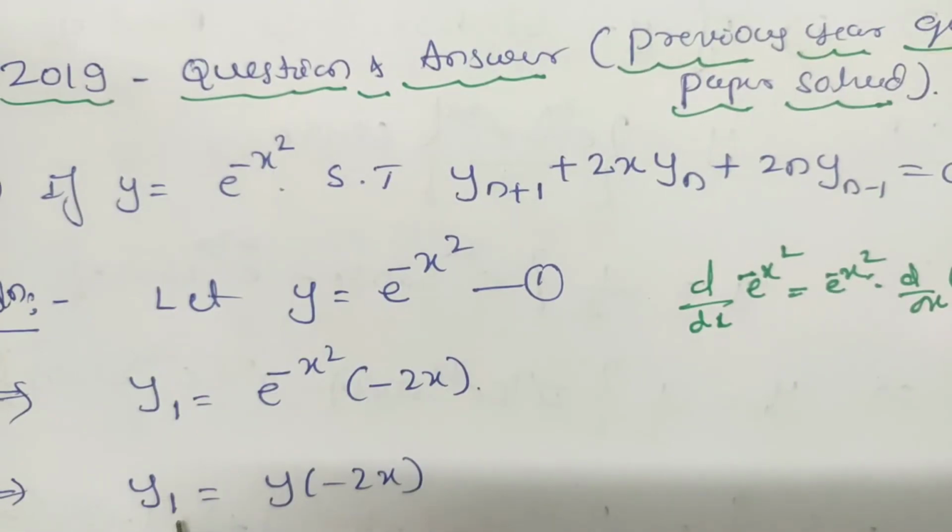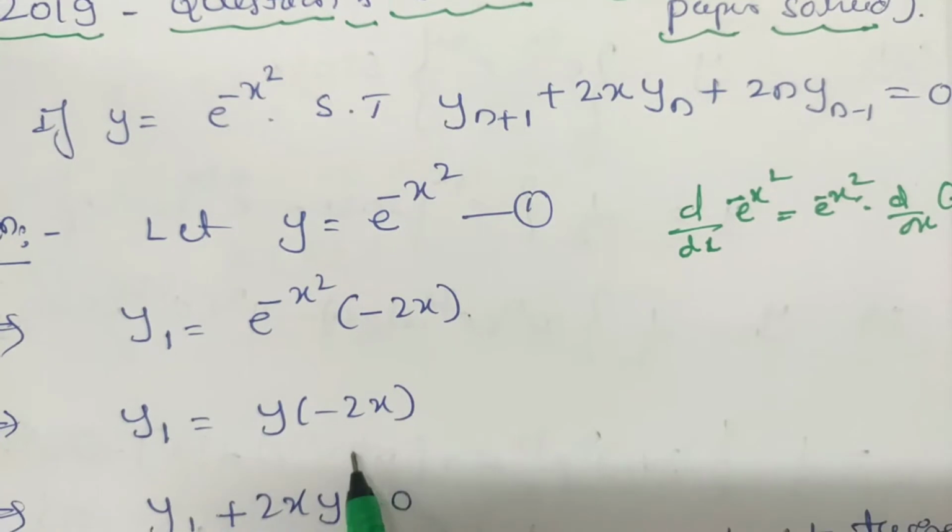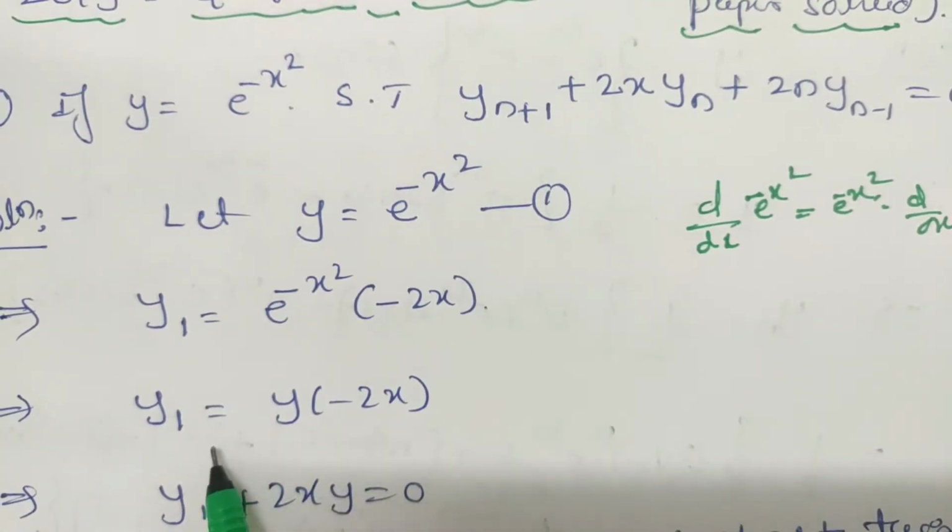Therefore y1 is equal to, we know e raised to minus x square is nothing but y, so e raised to minus x square is written as y and minus 2x as it is. If you take this one to the LHS, it becomes y1 plus 2xy is equal to 0.